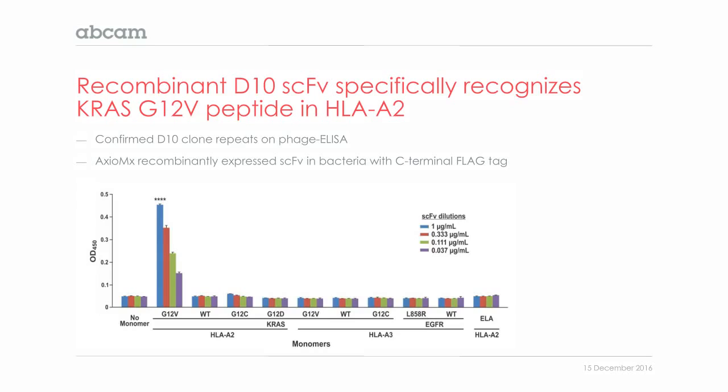For other KRAS HLA-A2 peptides, including the wild-type 5-14 peptide, G12C and G12D, we didn't see any binding. And for other KRAS peptides folded into HLA-A3, similarly, we did not see any binding, as well as for all other monomers we tested, including EGFR peptides folded into HLA-A3 and ELA, which is just an HLA-A2 control peptide folded into A2.